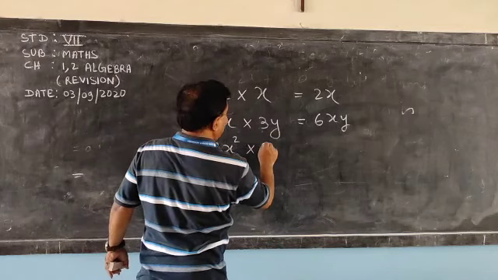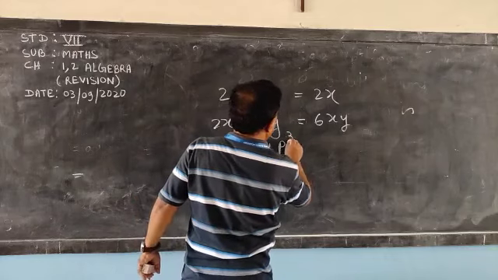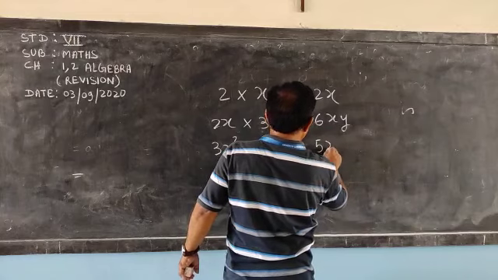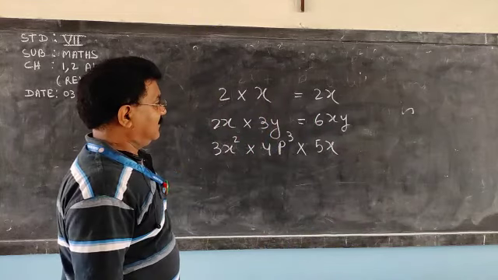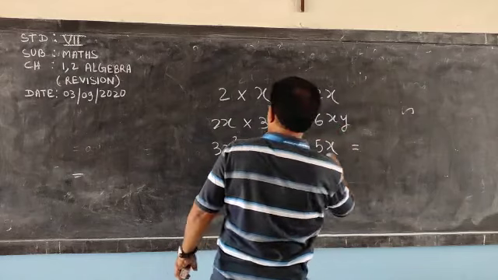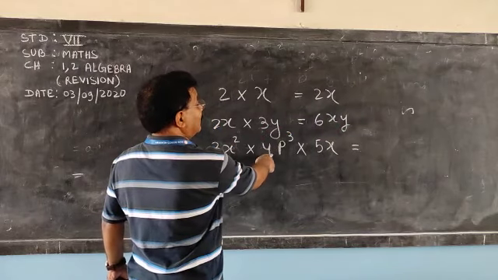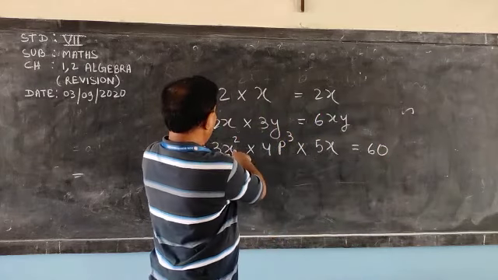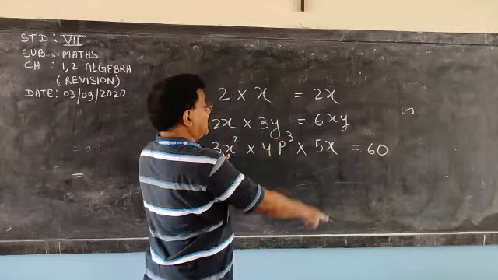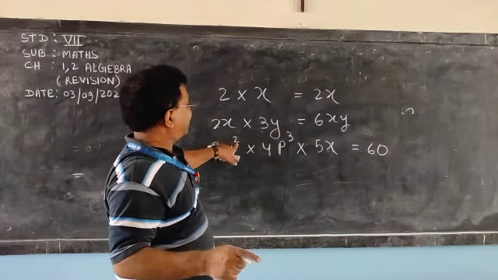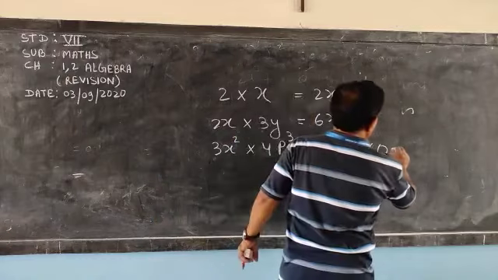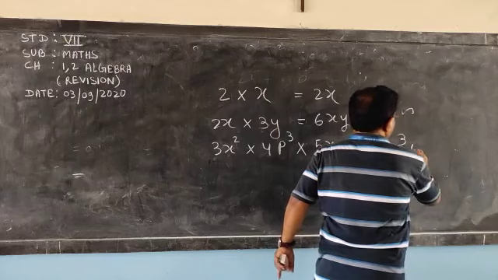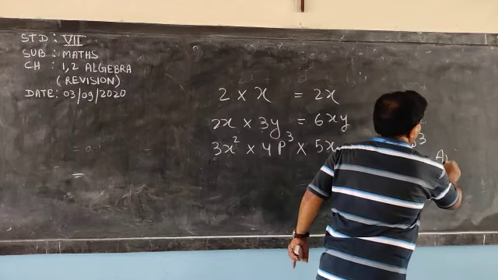Now 3x square into 4p cube into 5x. Let us find the result. First multiply the numbers. 3 fours are 12, 12 fives are 60. So 60. Now x square and 1x will become x cube. And p cube is alone. So p cube, and that is the answer.